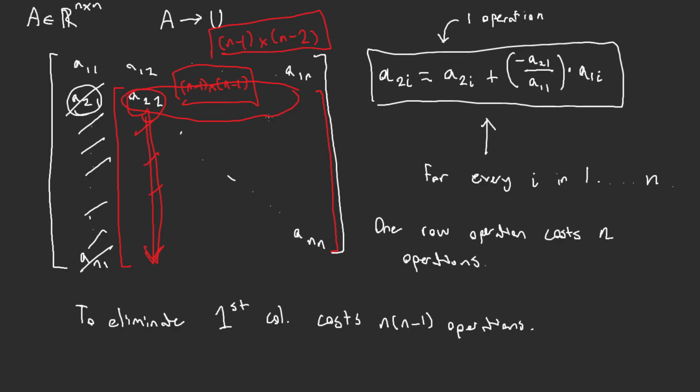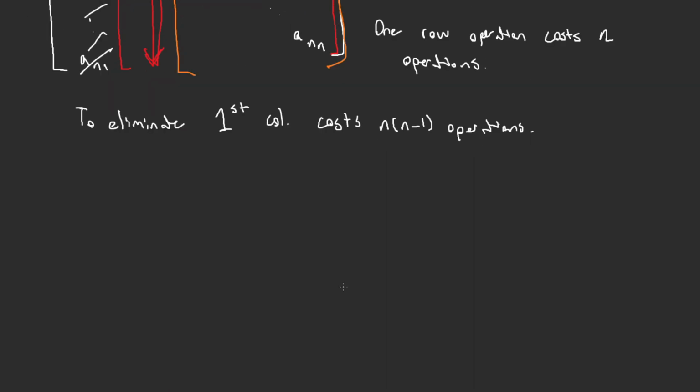And so I hope that helps you see the recursive structure, because the next case is we're going to look at the next pivot. We're looking at a smaller matrix. And it's exactly how we described earlier in the video of taking an n by n matrix, reducing it to an n-1 by n-1 matrix, etc. But I hope you see the pattern, and the total number of operations is going to look like this.